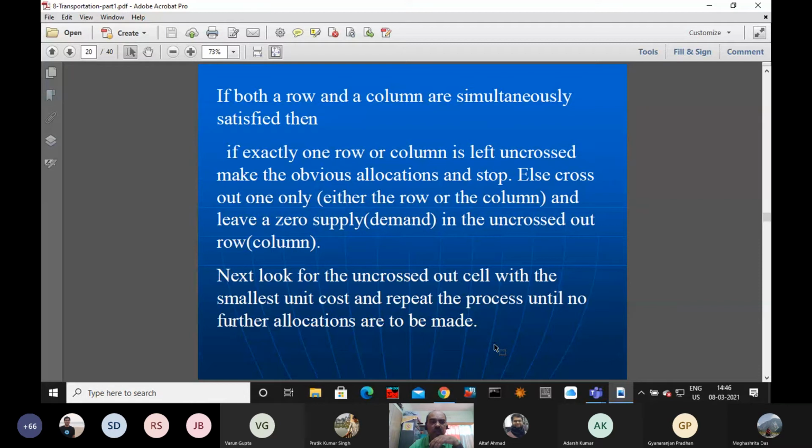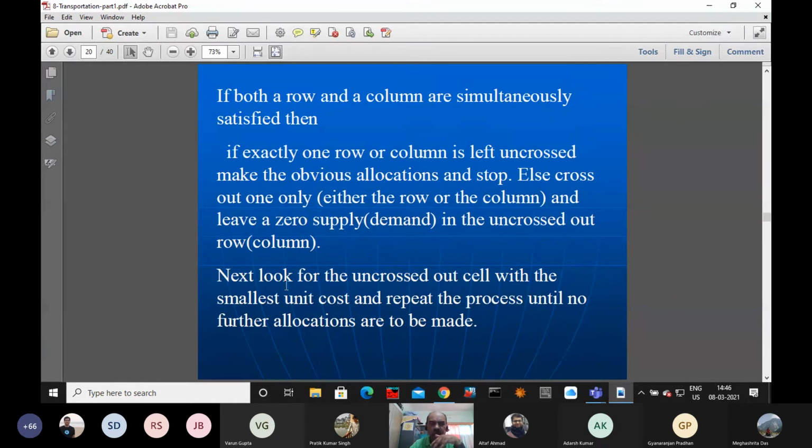If both a row and a column are simultaneously satisfied, then if exactly one row or one column is left uncrossed, make the obvious allocation and stop. Else, cross out one only, either a row or a column, and leave a zero supply or demand in the uncrossed row or column.